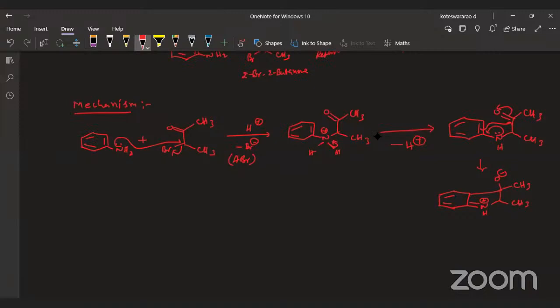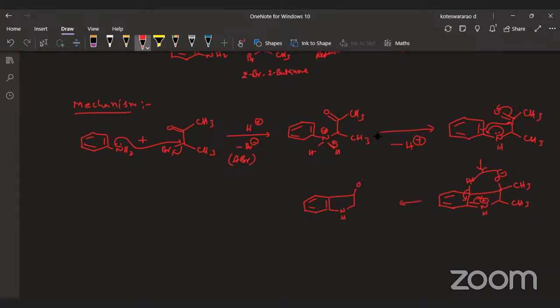Later, here the hydrogen is there. This carbon-hydrogen bond will be broken. That will be re-aromatization. During the re-aromatization, this will be carried by this negative charge. At the same time, these pi electrons are moving to nitrogen.